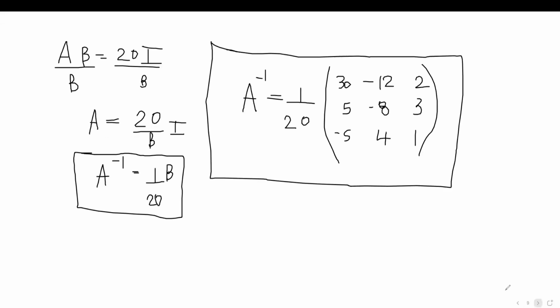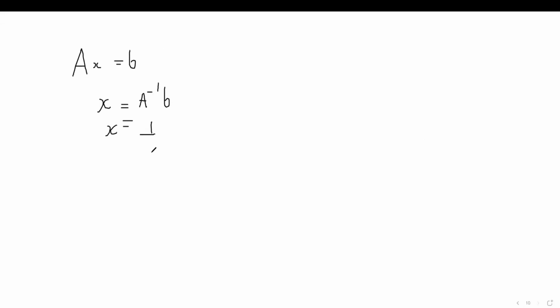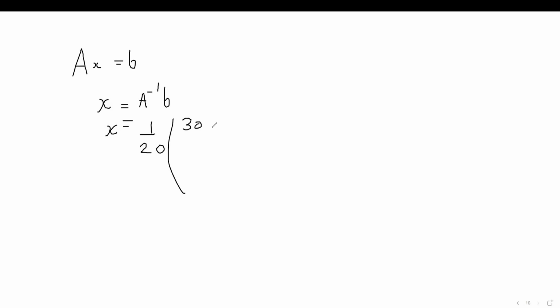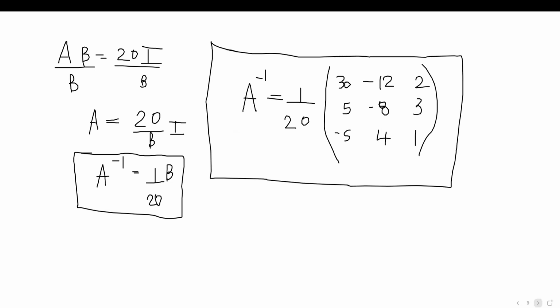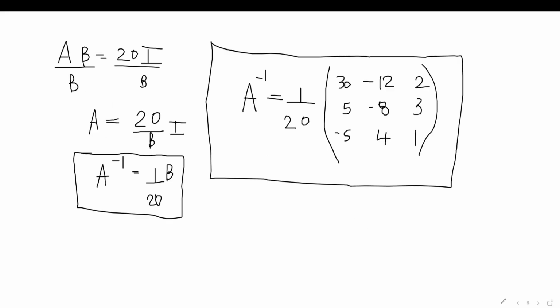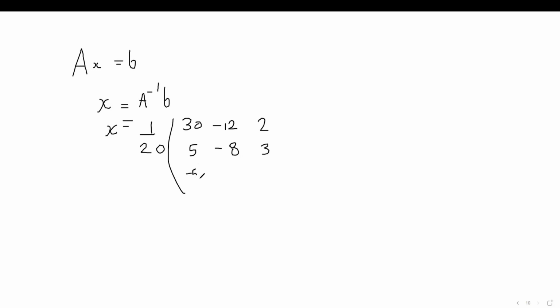It is just going to be 1 over 20 multiplied by all of this: 30, minus 12, 2, then 5, minus 8, 3, and then minus 5, 4, 1.